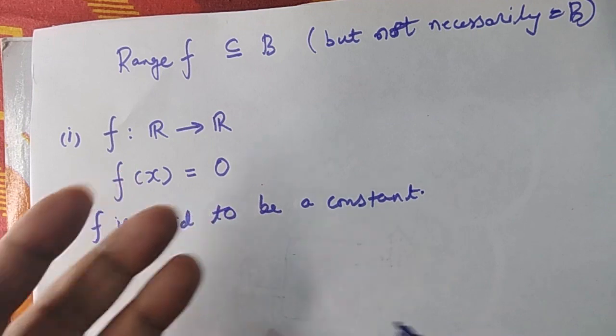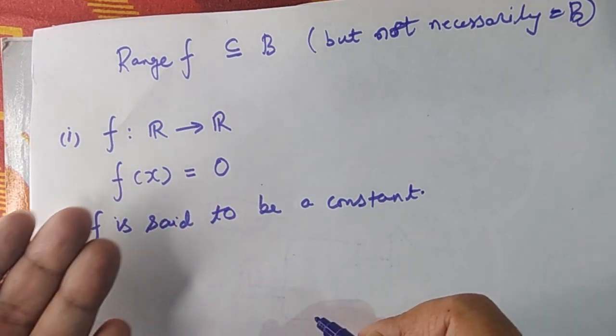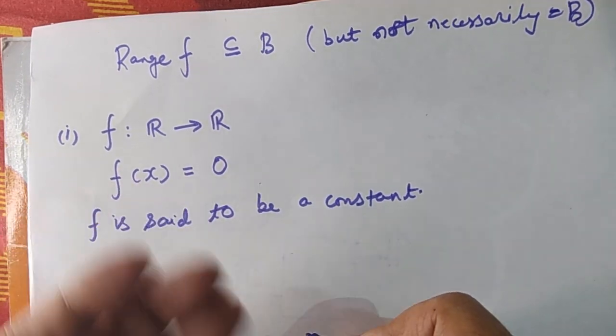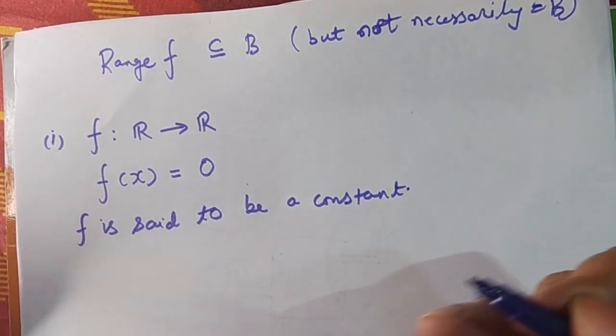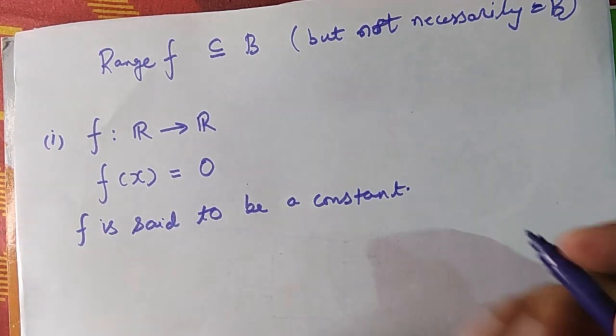There is nothing special about 0. f could have easily mapped every element in the set R to some other constant, say 1. Even in that case, f would have been said to be a constant function.